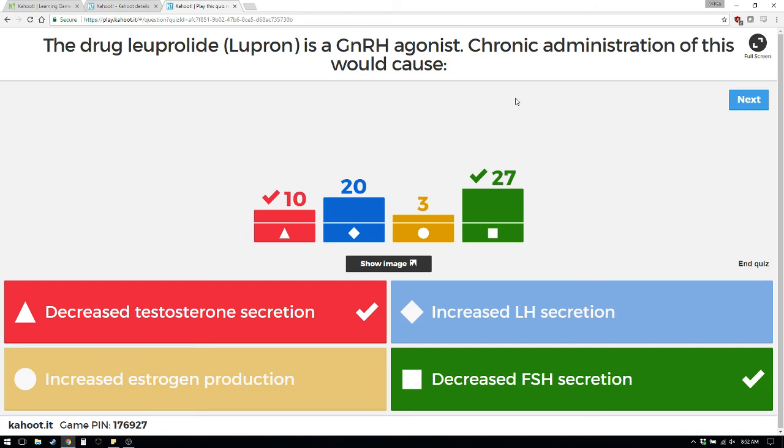And so what this does, if you remember, what's characteristic of GnRH release in the body? It's pulsatile, right? So you get peaks and valleys that occur there, and that helps to stimulate LH and FSH. When you give chronic administration, you're agonizing those GnRH receptors. Basically, you end up with a major reduction in LH and FSH, and a major reduction in testosterone and estrogen production.